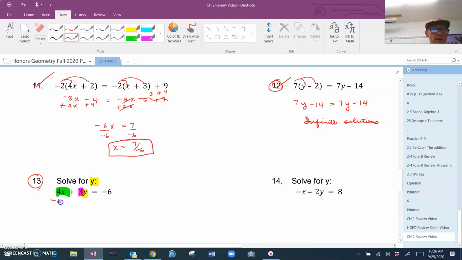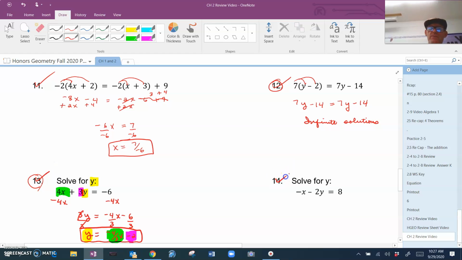So we have to subtract the 4x from both sides of the equal sign, and I have 3y on the left and negative 4x minus 6 on the right, and I'm going to divide every term by 3, cancel, and I get y equals negative 4 over 3 times x minus 2. Okay, again, I solve for y all by itself. But I have to keep these two terms separate. There's this one, and there's this one. I got to keep separate. All right, done with 13.